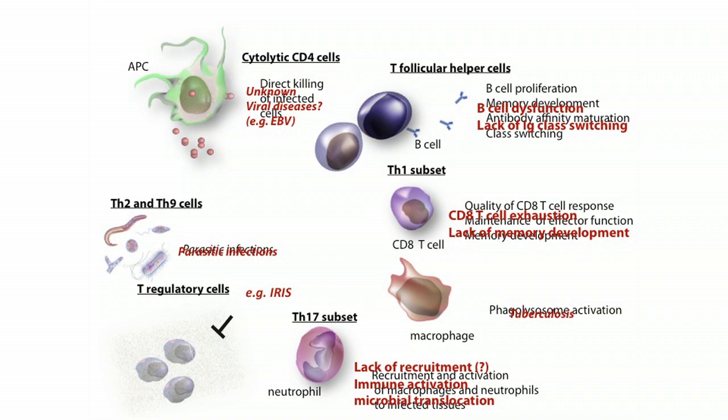And all of those different cellular subsets of CD4 cells have been associated with one or the other comorbidity in HIV infection, like the microbial translocation and lack of recruitment towards the gastrointestinal tract that has been described by Jason Brenchley and Wefer Francini, the IRIS syndrome as a cause of a Th17 and T regulatory cell imbalance, and of course all the parasitic infections that we see as opportunistic infections in HIV infection.